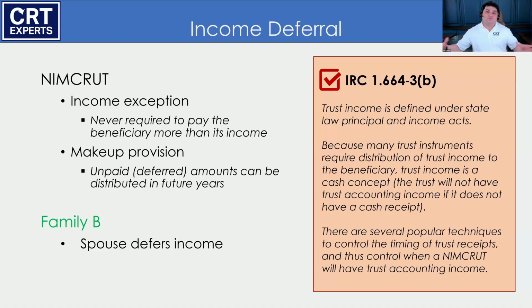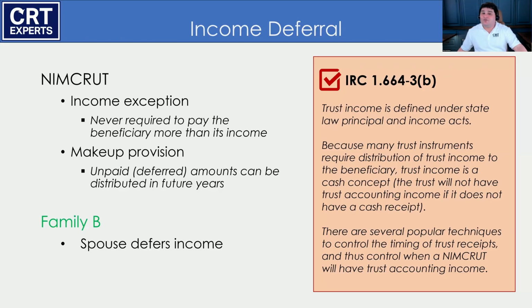So now that we've maximized the duration of the trust, let's talk about deferral, and then we'll look at how that works out for the family as we wrap up here today. So when it comes to deferral, we're going to use what's called a net income with makeup CRT, often called a NIM CRT. I'm sure many of you are familiar.